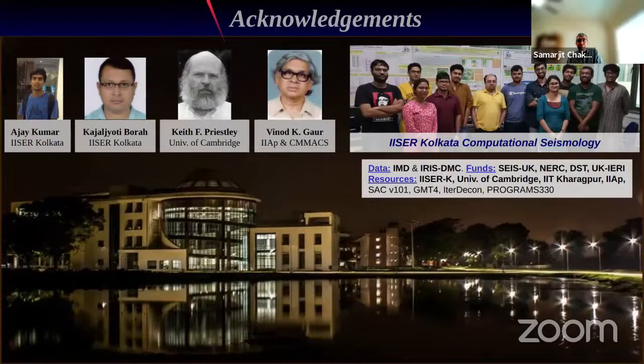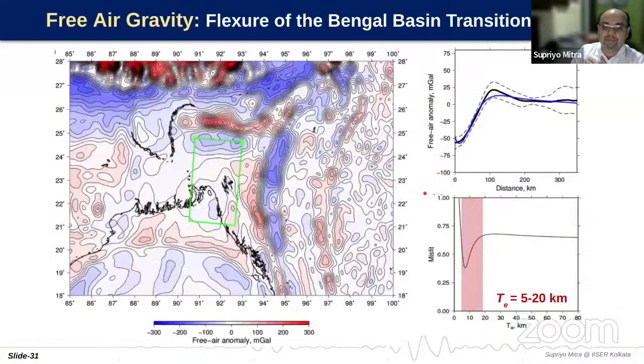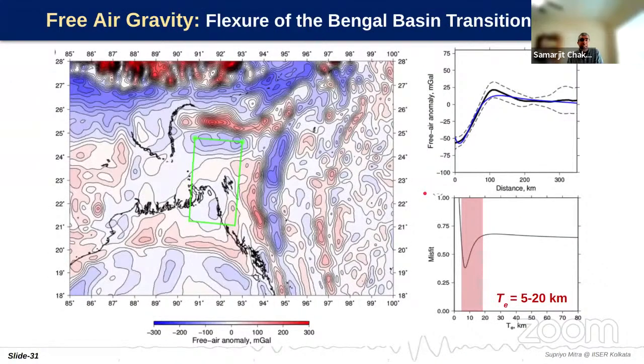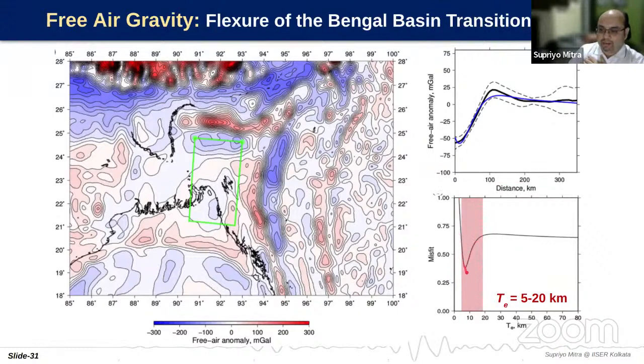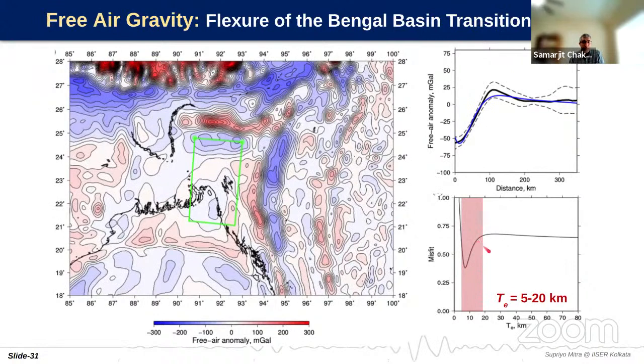My question is about the slide before your summary slide. How do you select that upper bound? Because the misfit plateaus out. Are there any other conditions or constraints that help you? Yeah, so you can see a clear minima in the black curve. My question is around that upper bound, which is the 20 kilometer.